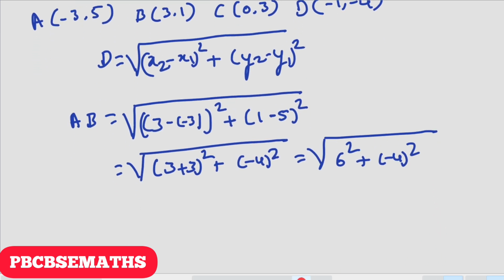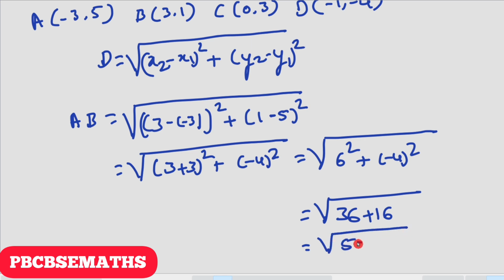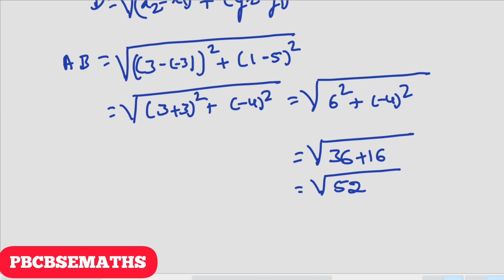Further simplification gives us 6 square value is 36 plus minus 4 whole square that is plus 16, which gives us square root of 52.